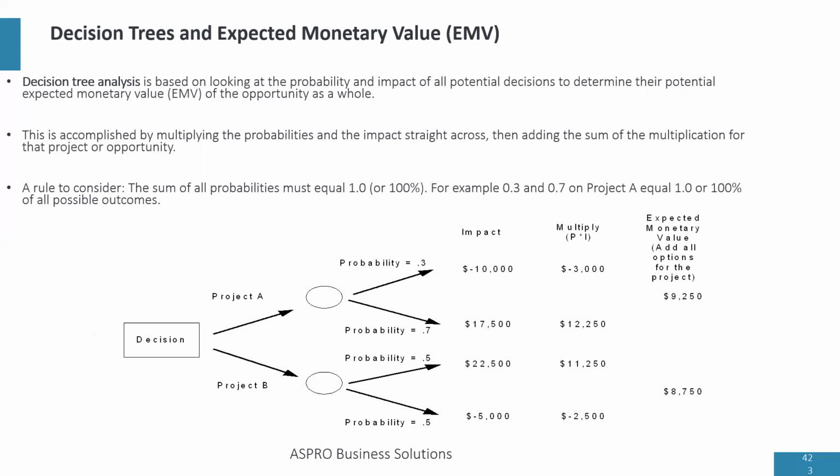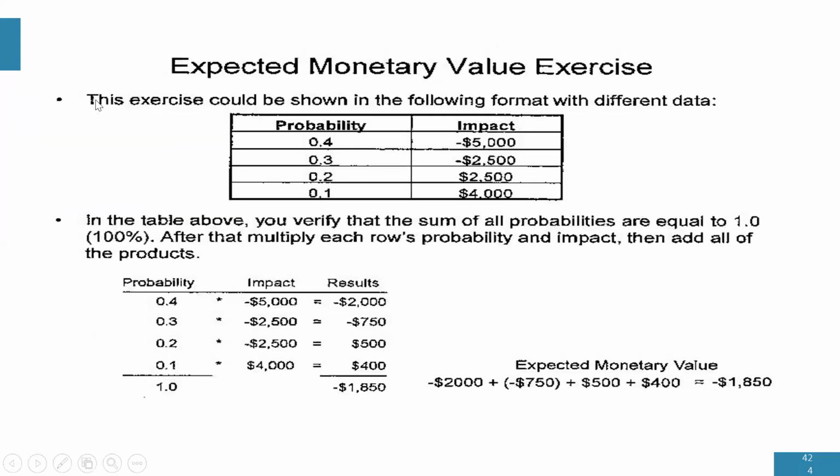So they use a practical application of decision tree analysis, but it's just simple. If you go through the way I did it in class, you can answer any decision tree analysis question.